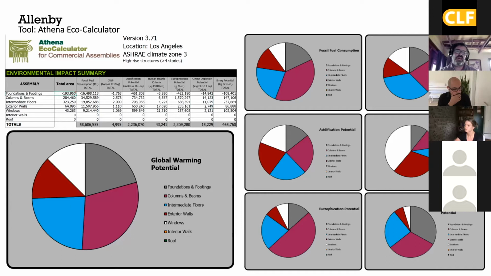So if concrete is roughly 75% of the pie, we needed to reduce concrete by at least about 15% to scale over the whole building. So this kind of gave us some marching orders to really target concrete and look at ways to improve upon the baseline regional practices. If you go to the next slide.